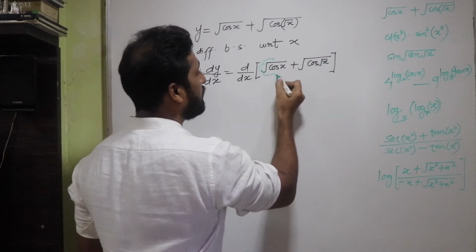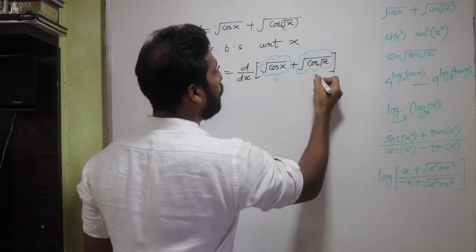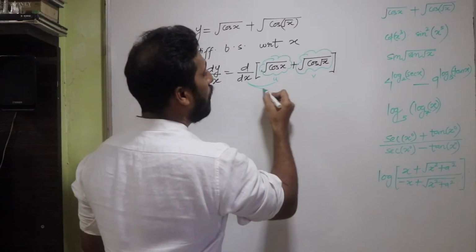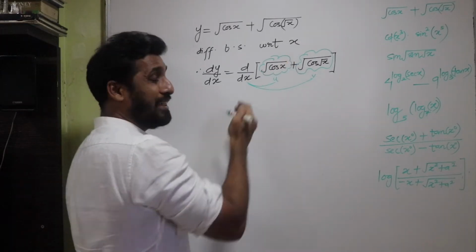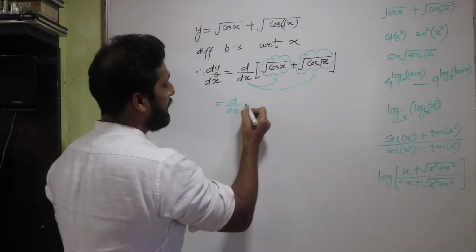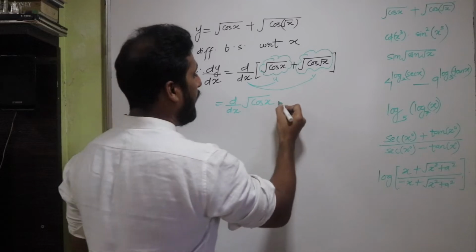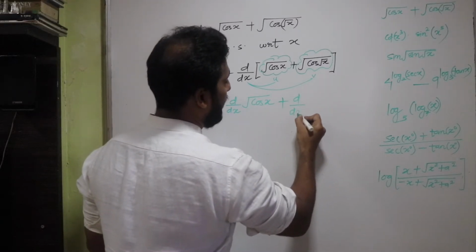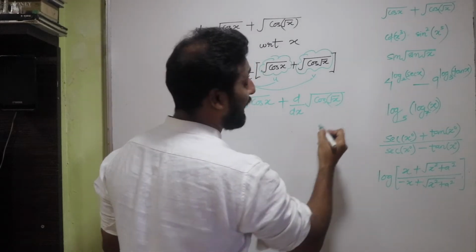So I can call this u and I'm going to call this v. So the derivative of u plus v is going to be the derivative of u, then the plus sign and the derivative of v. That means I can write d by dx of root of cos x, the first term, and then plus d by dx of root of cos of root x, the second term, isn't it?